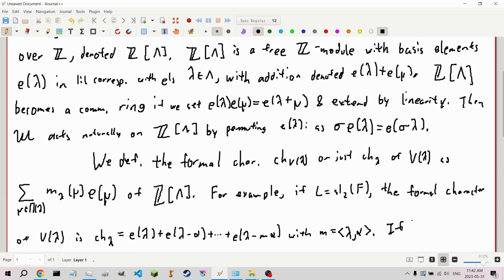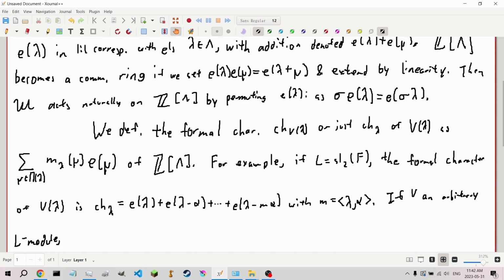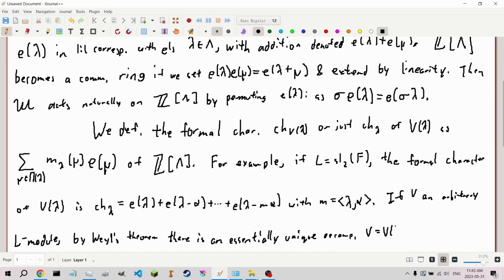More generally, if V is an arbitrary finite dimensional, of course, L module, by Weyl's theorem and our classification from before, there is an essentially unique decomposition as V being V of lambda 1 plus through V of lambda t, with each lambda i being in lambda plus.